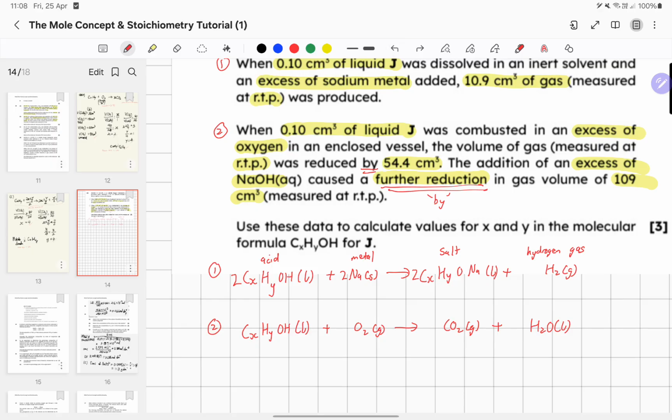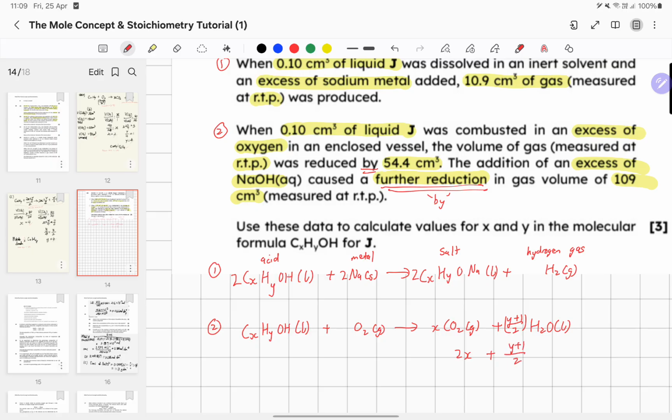We balance carbon first: x. For water, you see it is y plus 1 on the left-hand side, so (y plus 1) over 2, right? Then if we check for oxygen, 2x plus (y plus 1) over 2.